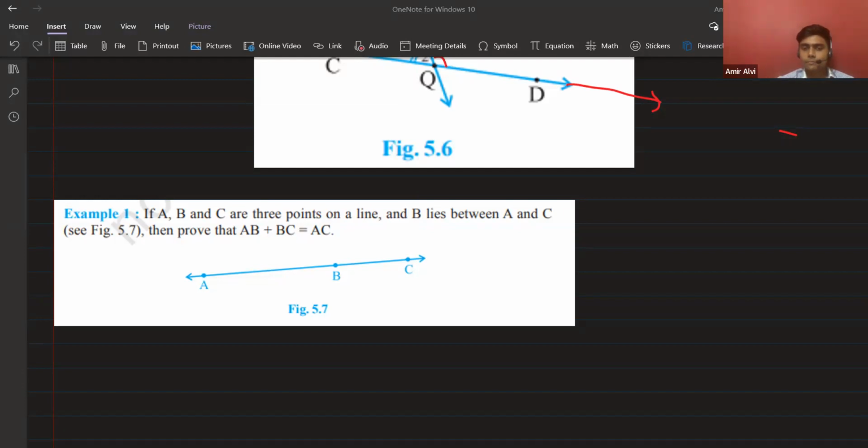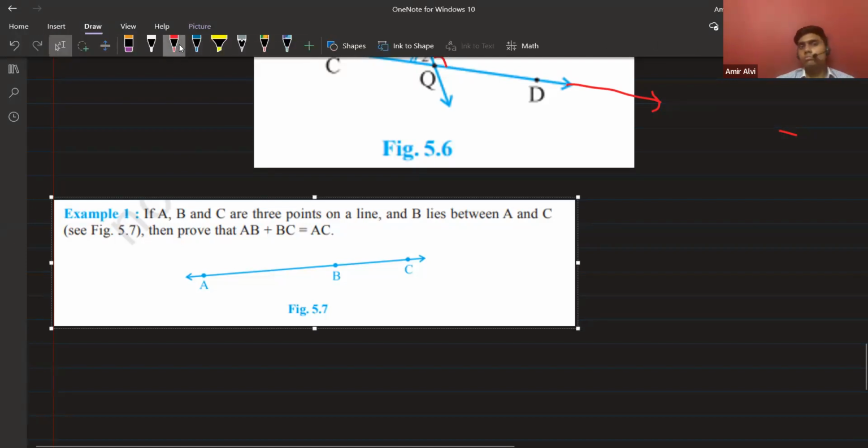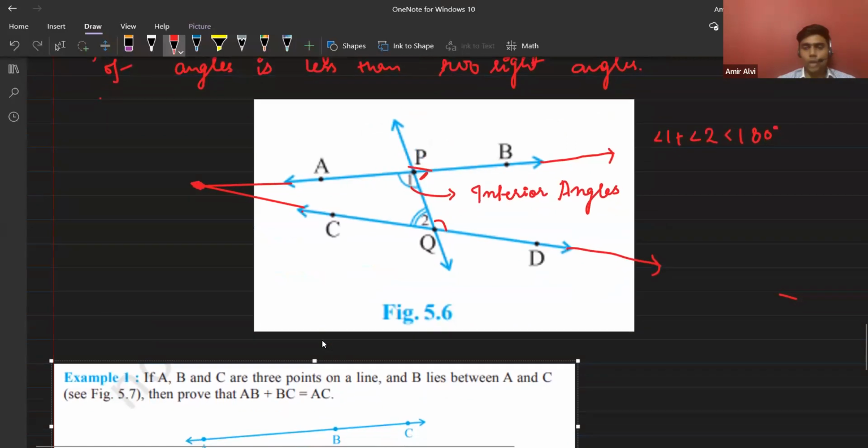Any idea? Yes, Simrat. Using the first axiom. No, no. You have the book, notebook, and notes as well.